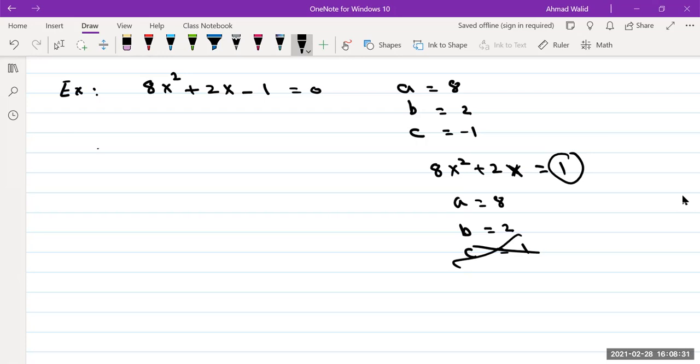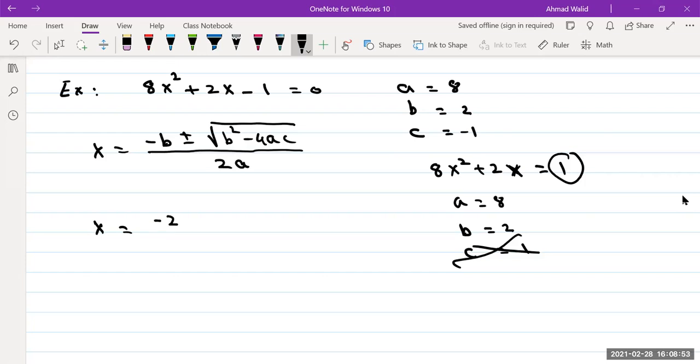Now, second step, formula, x equals -b plus minus square root of b squared minus 4ac over 2a. Then x equals -b, how much is b? 2, it means -2.